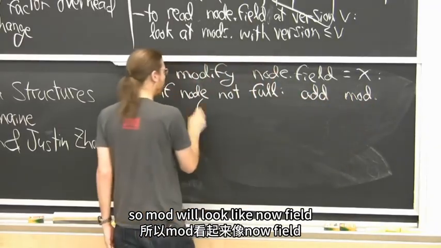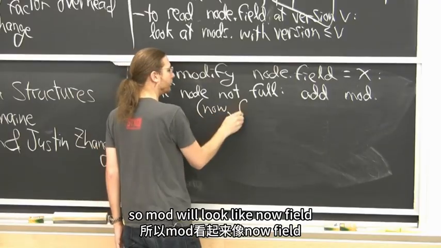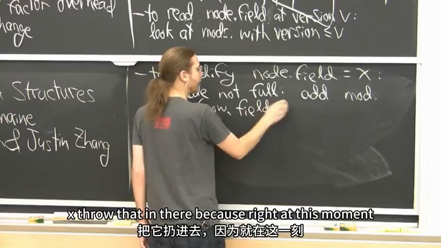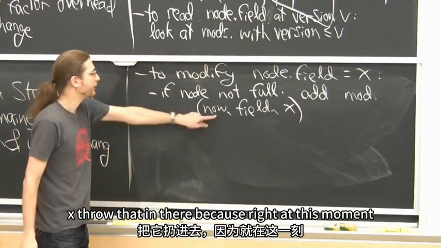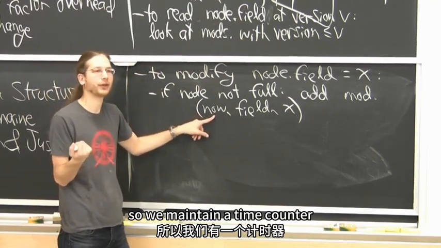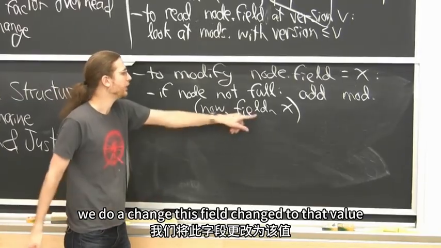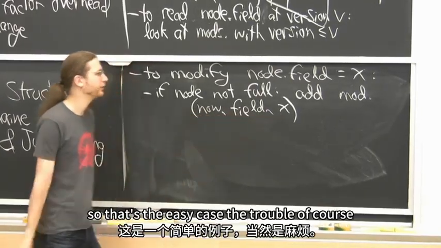So the mod will look like: now, field, x. Just throw that in there, because right at this moment, we maintain a time counter, and just increment it every time we do a change. This field changed to that value. So that's the easy case.